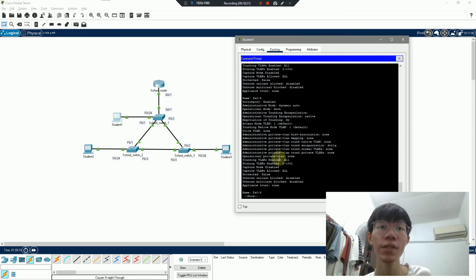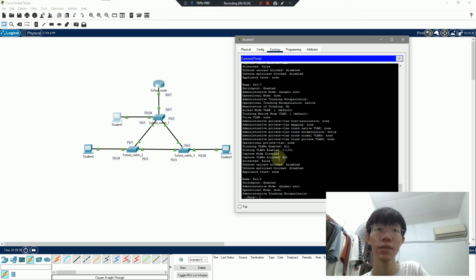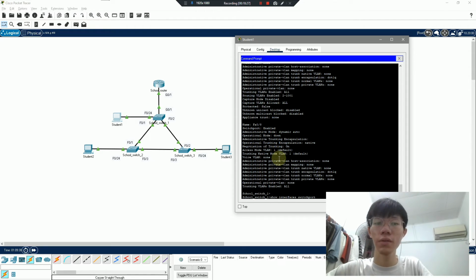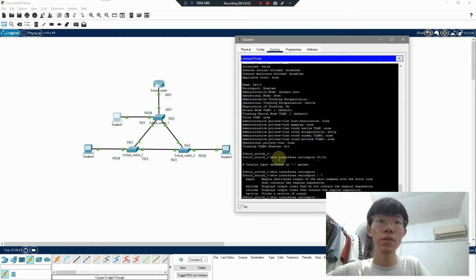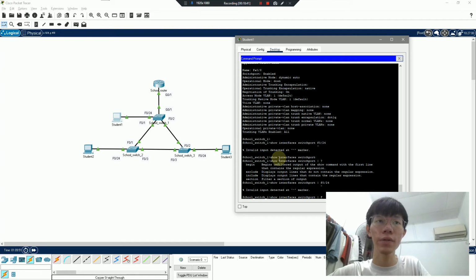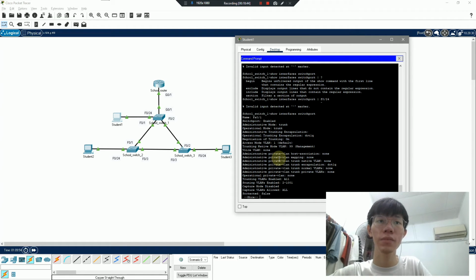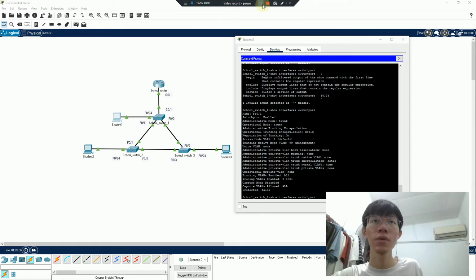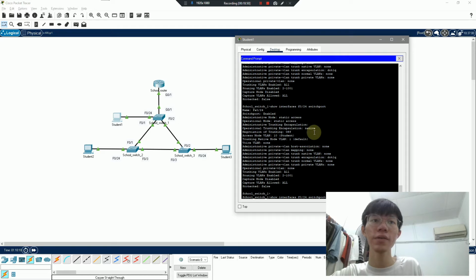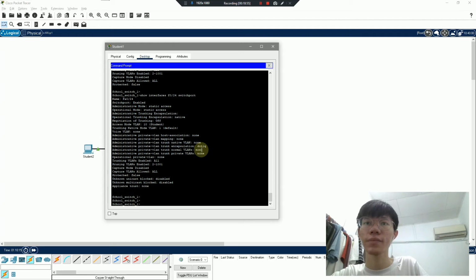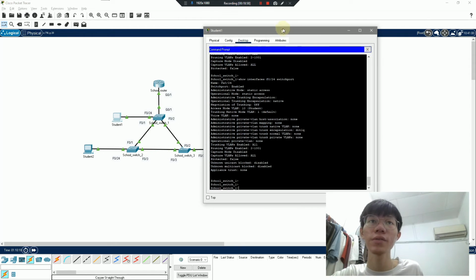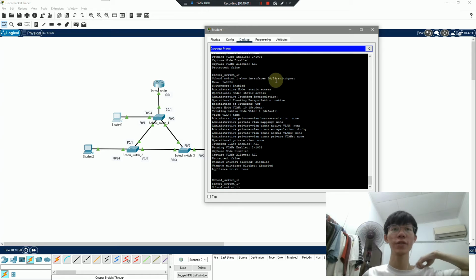So the next is the FastEthernet 0/24. So here show interface FastEthernet 0/24 switchport.